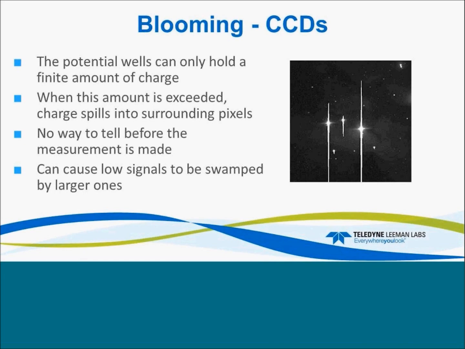There's no way to tell that that's happening before the measurement's made. And what can happen there is it can cause low signals or low intensity signals to be swamped by larger ones that happen to be nearby. So for an example, the photo on the right-hand side shows blooming in the vertical direction.